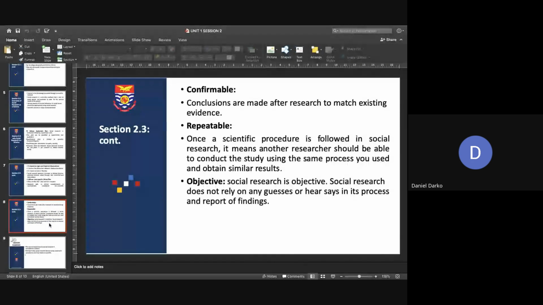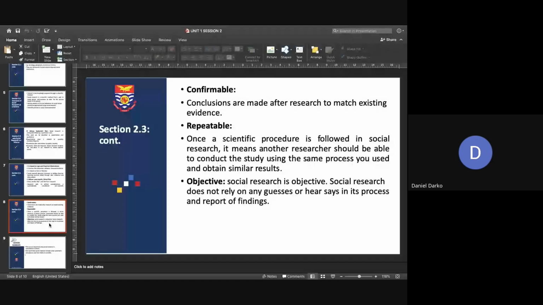So someone may conduct research in, let's say, the Northern region about early marriage. And after the research, he says, oh, in the Northern region, girls as early as 12 years are given out for marriage.